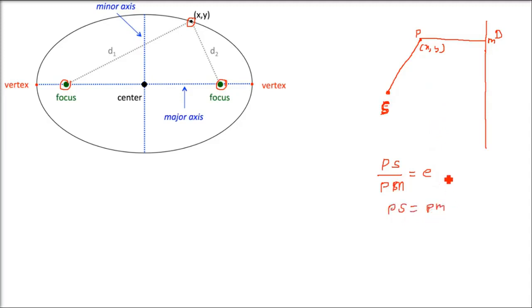When PS becomes equal to PM, that is E equals 1, then this will become a parabola. But when E is less than 1, then this figure will become an ellipse.